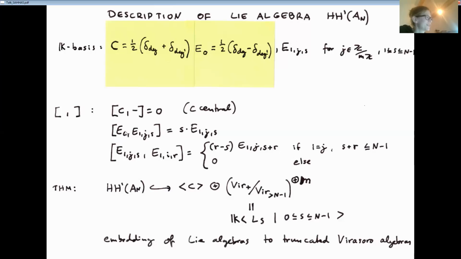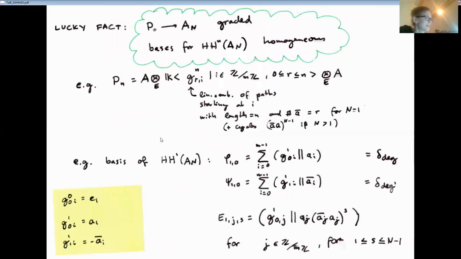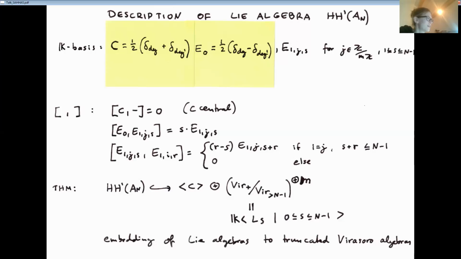So this one will just check out what the degree of such an E1JS is, and if we look at it again, it did attach S times arrows to a given arrow. So if we compare the degree of the image and the pre-image, then we see from there that we get the factor S.